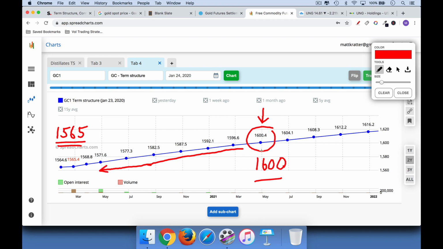And what we're basically betting is that spot prices are going to be right around 15.65 in May of 2020. And what the futures market here will allow us to do is actually to sell that gold for $1,600 an ounce. And then as it gets close to expiration, it's actually going to be trading closer to 15.65.